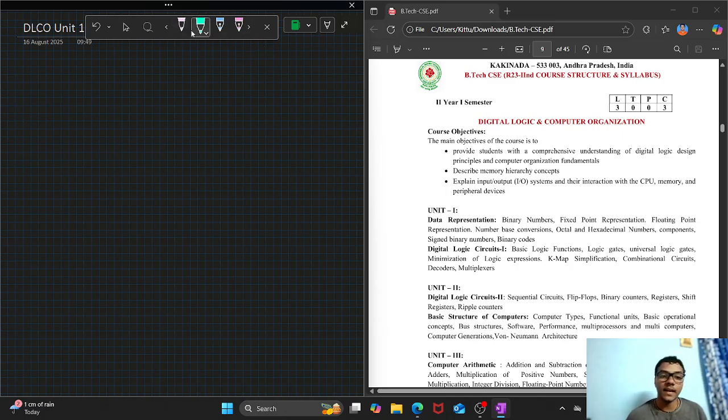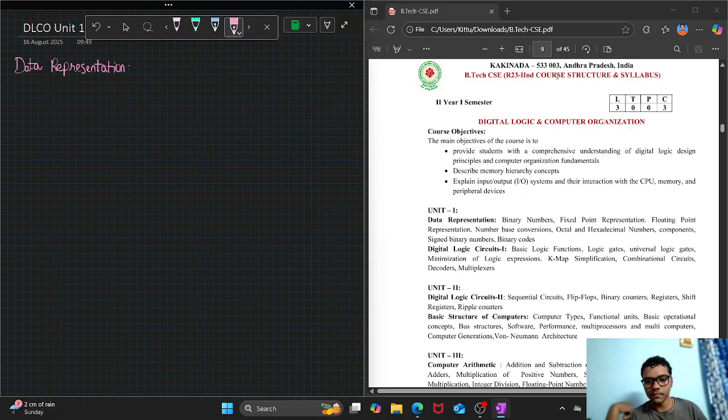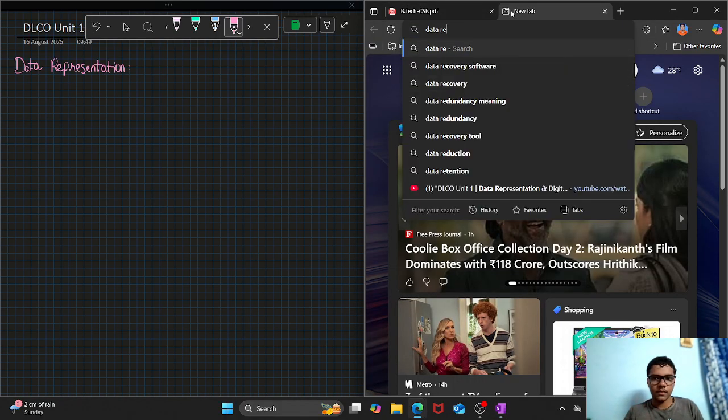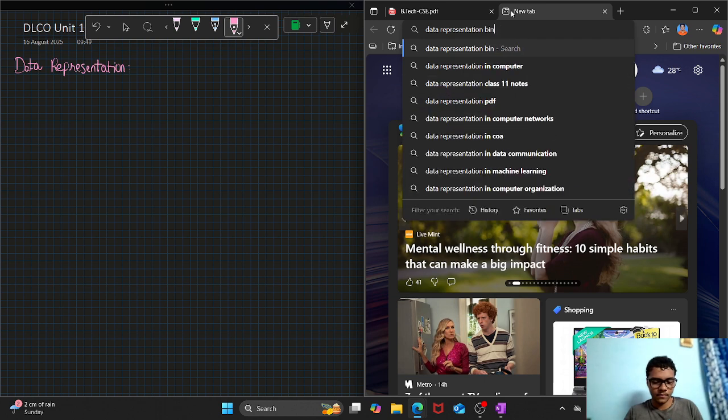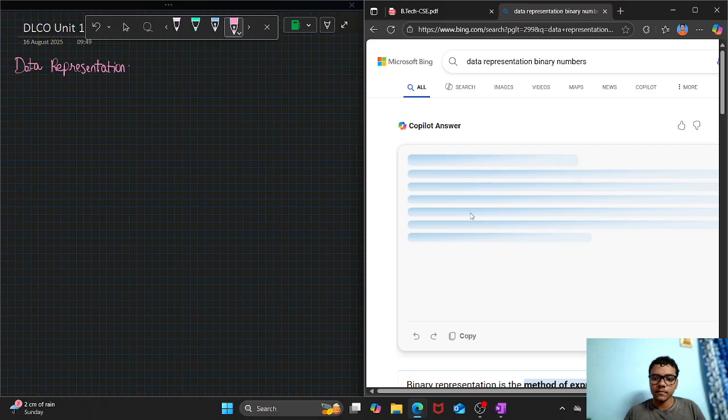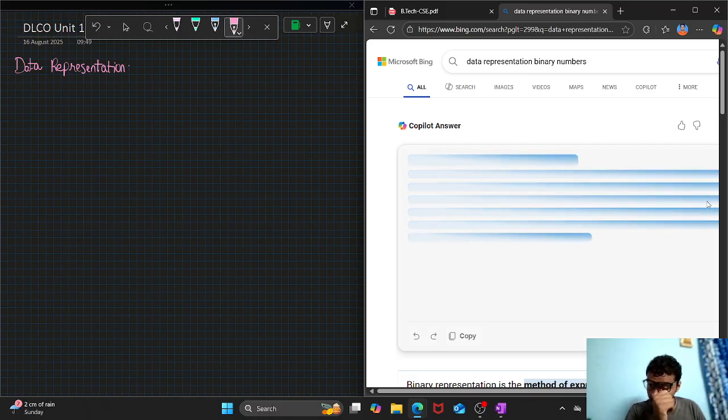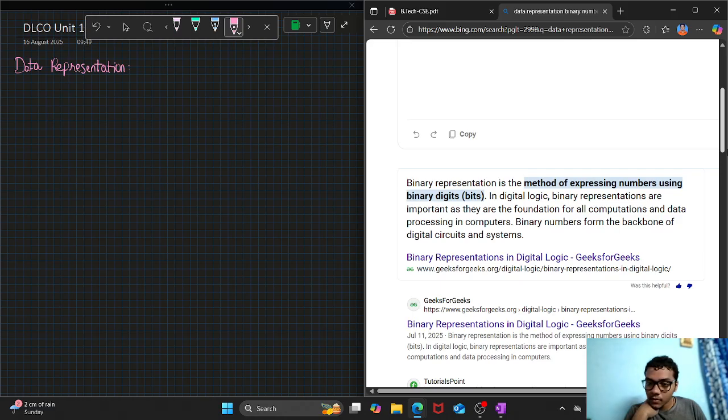So it is basically how you represent data and binary numbers, fixed point representation, floating point representation, number base conversions.